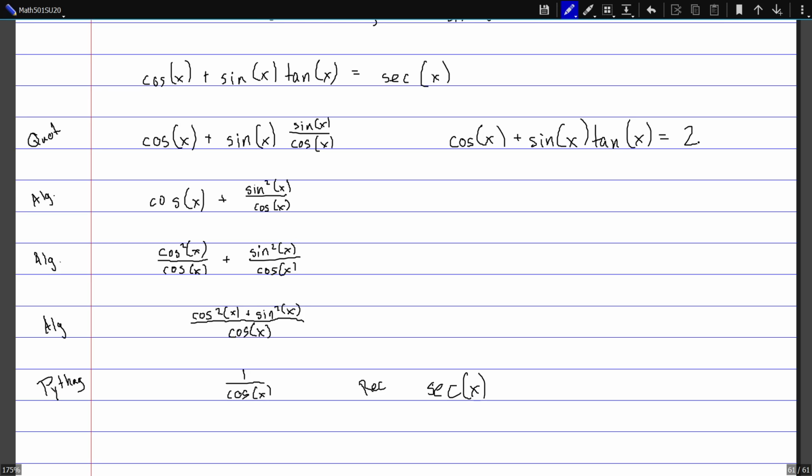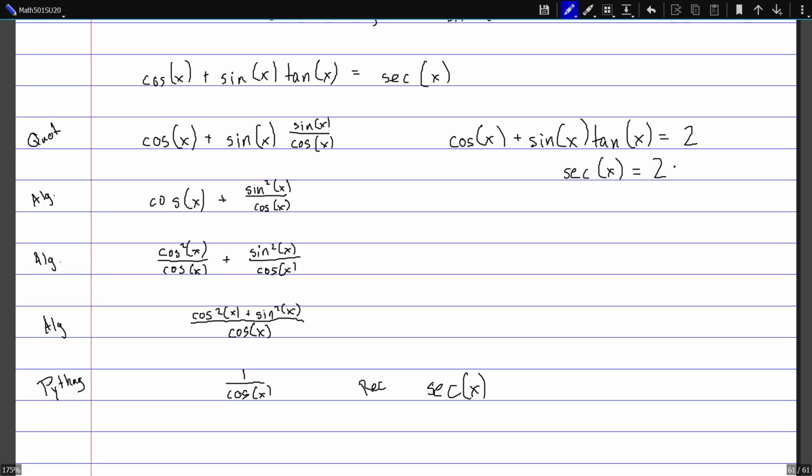This would be awful if I just asked you to go ahead and solve this. But according to the work that we're seeing here, we know that this expression on the left-hand side is equivalent to secant of x. So I can replace this with secant of x and be perfectly okay. This is just applying the law of substitution here. I can replace any expression with something that it's equivalent to.